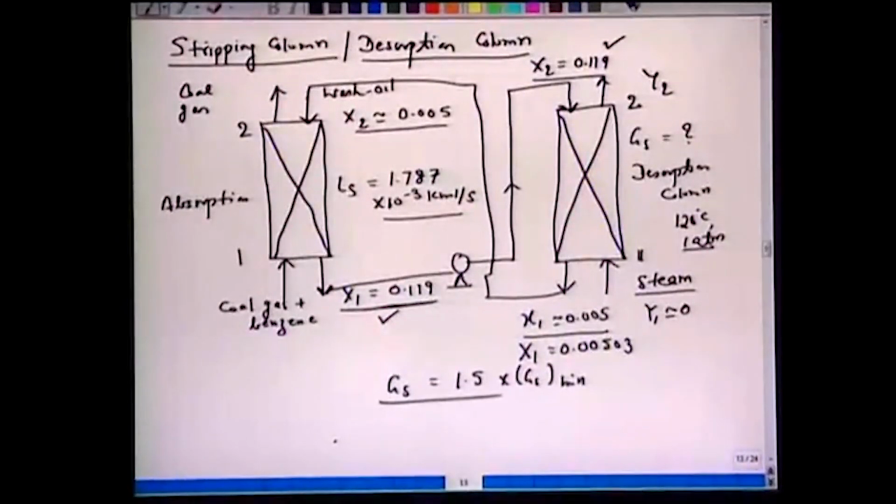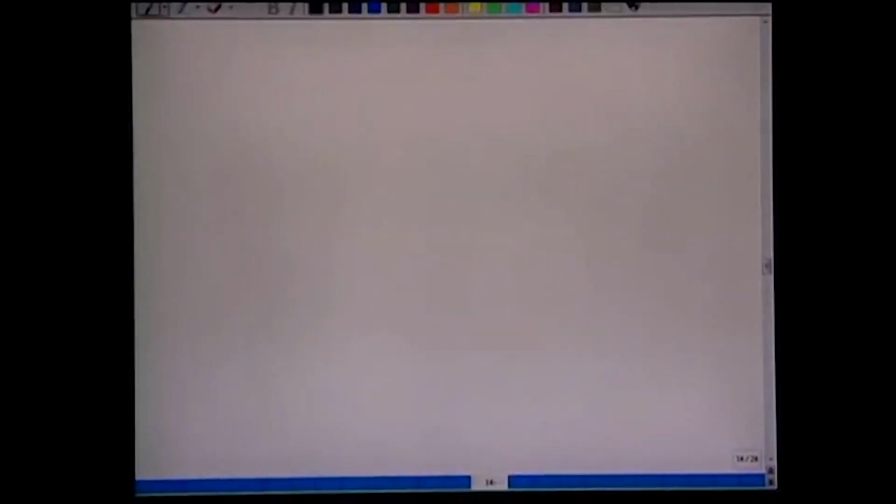This is just the reverse of what we had in the absorption column, where we said that liquid LS is 1.5 times the minimum amount of liquid. So we have a similar procedure here, following what we did earlier. First we will draw the equilibrium curve, and this equilibrium comes from Raoult's law.